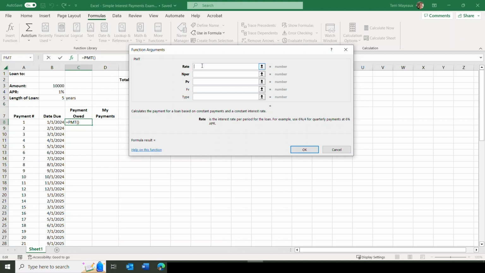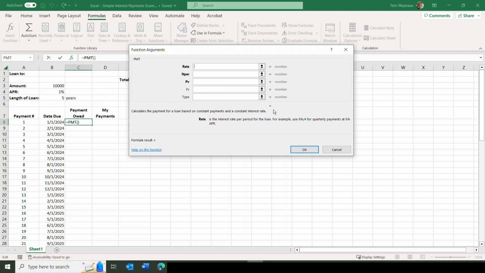So what is the rate? Now, if you're not sure what the rate is, first of all, down at the bottom here and kind of to the right, it says, well, the rate is the interest rate per period for the loan. And it even says that, let's say you're paying quarterly, then you would divide by 4.